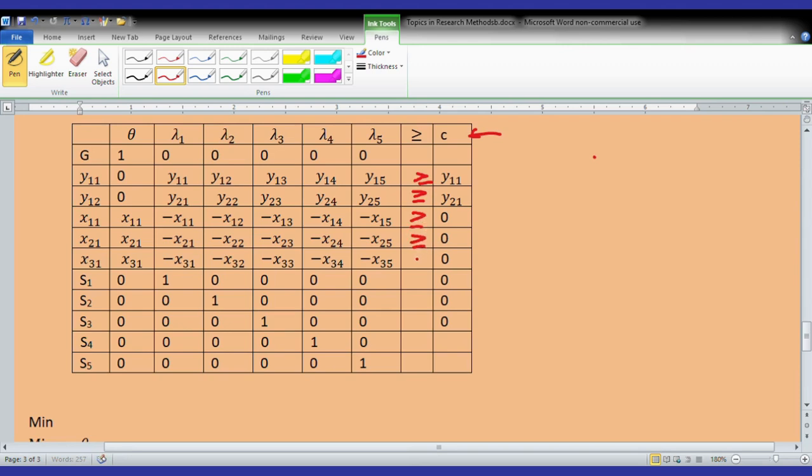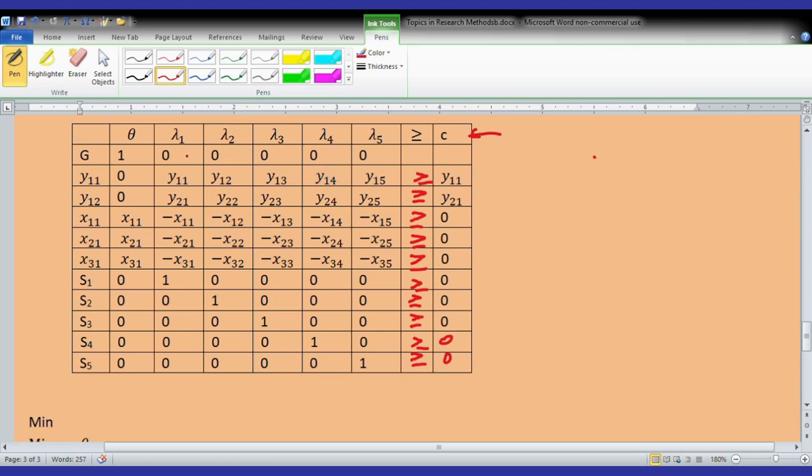And so let me put this sign equal to, greater than, given that this is true for all these constraints. Now see the way we have filled this table.